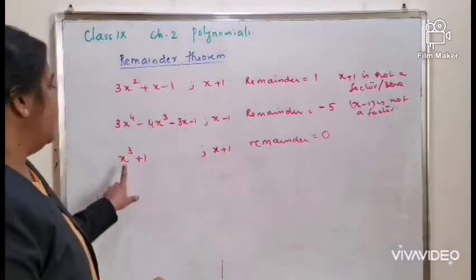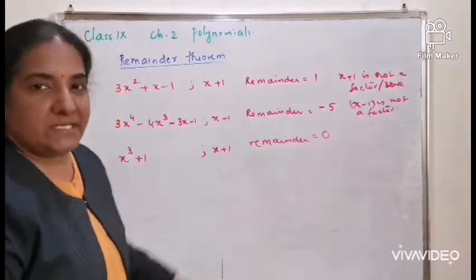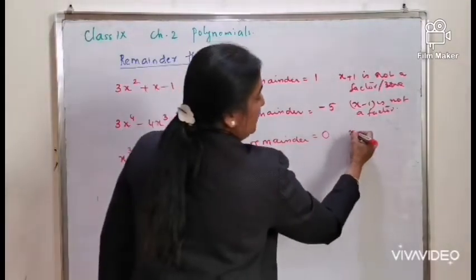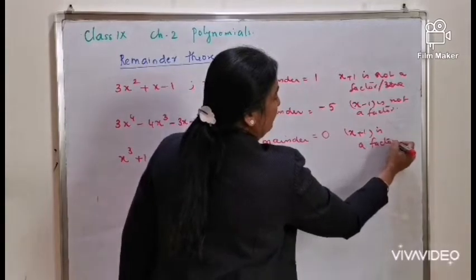The third example, when x cubed plus 1 is divided by x plus 1, the remainder is 0 and thus we could say that x plus 1 is a factor.